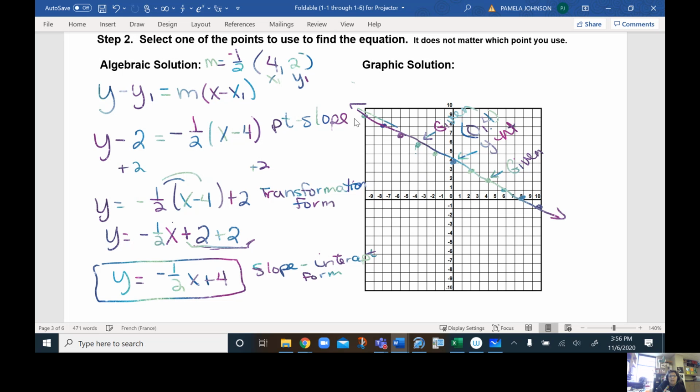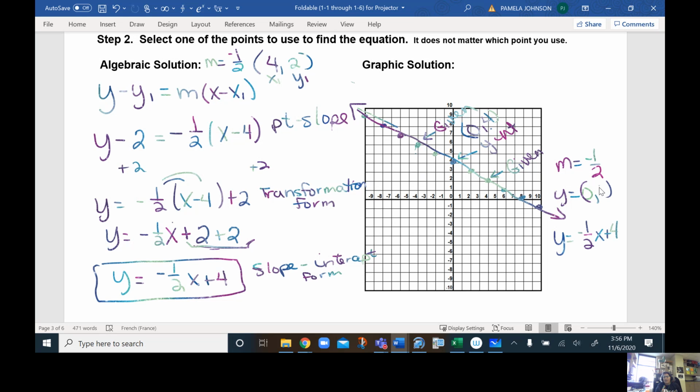That's all we're doing on this. And then once we have this, we know our slope is -1/2. We figured that out earlier. Our y-intercept is at 0.4. So we're going to get the equation y equals -1/2 x plus 4.